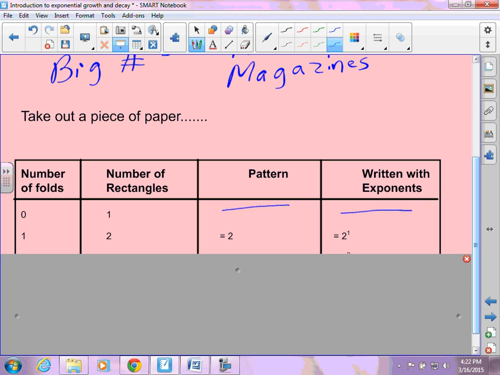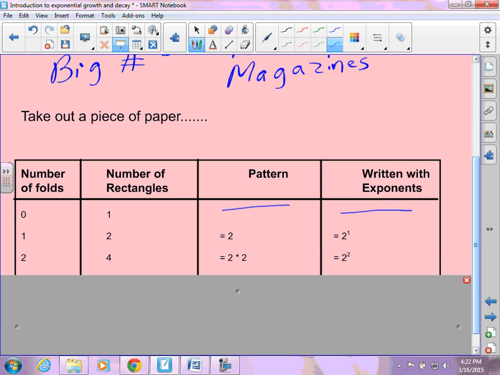Now take this same piece of paper and fold it again, like a hot dog or like a taco. You're going to be folding it in half each time. If you open it up, you're going to notice that we have 4 rectangles. That can be written as 2 times 2 or 2 squared.